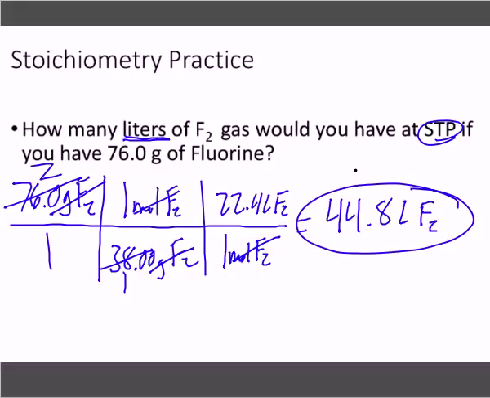When you're not at STP, what do you have to use to figure out grams or liters that you've already learned about? Not the ratio that you learned about on Monday. Not Dalton's. What'd you say, Ellie? The ideal gas law, guys. So when you're not at STP, you use the ideal gas law.